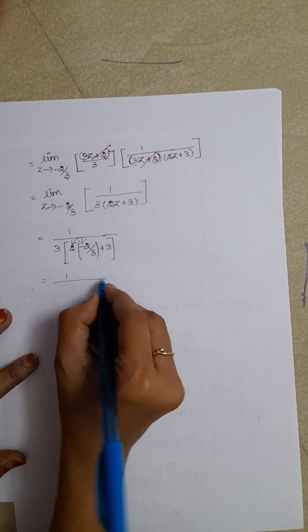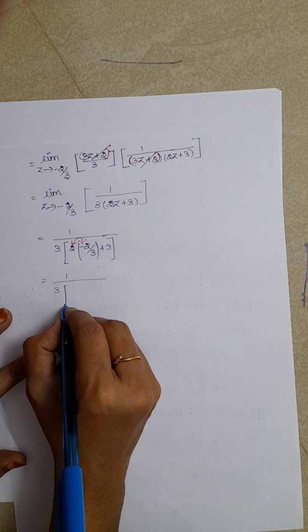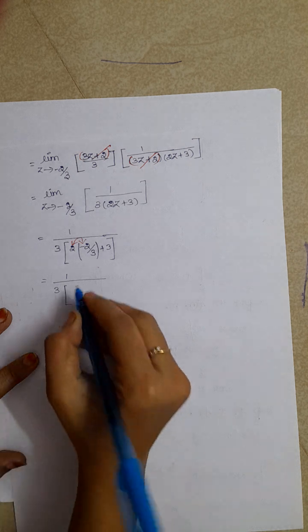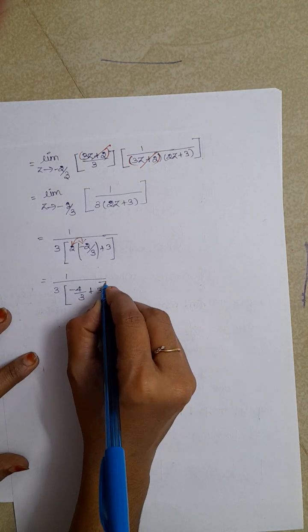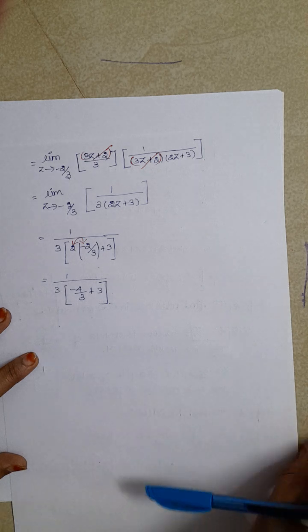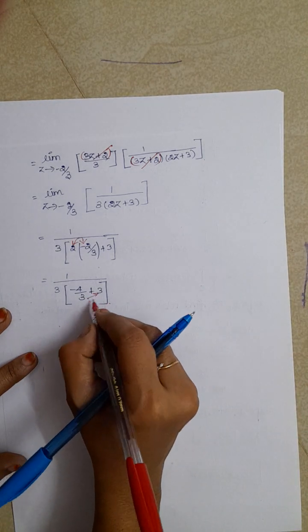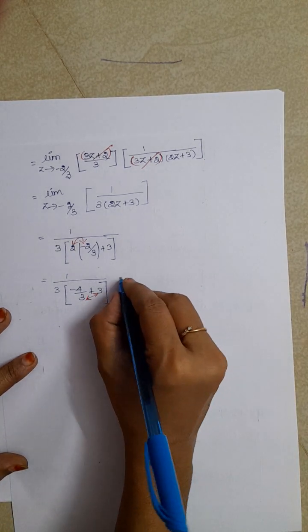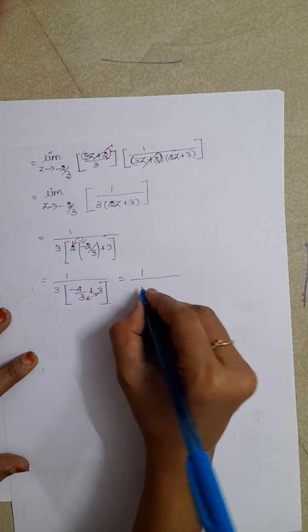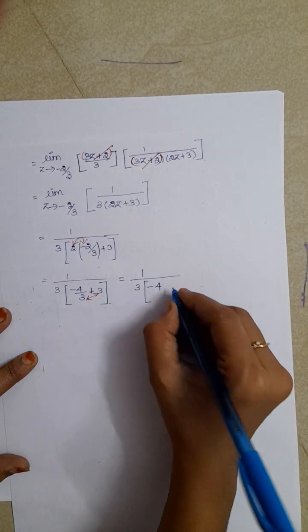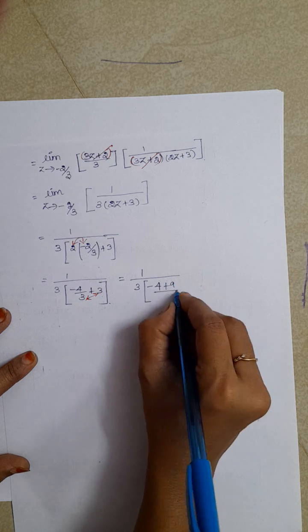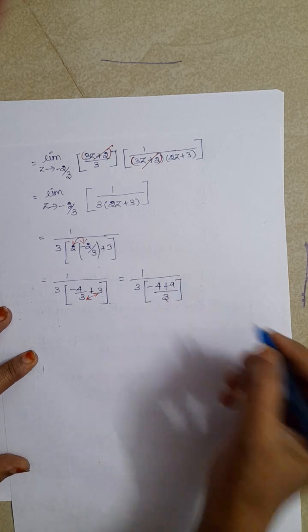So 3 is common, so take it outside. Multiply this term: minus 4 by 3 plus 3. Okay. Cross multiply this term: 1 by 3, the cross multiple is 3 into 3 plus 9, whole divided by 3.